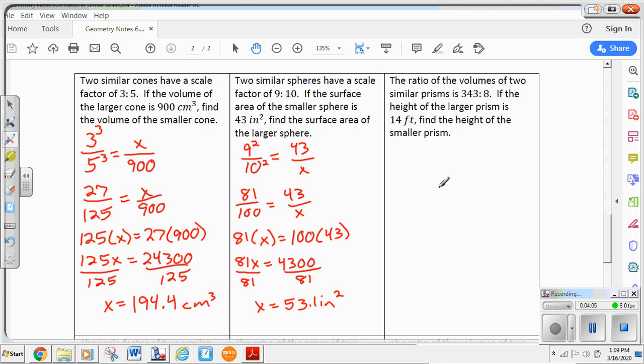The ratio of the volumes of two similar prisms is 343 to 8. If the height of the larger prism is 14 feet, find the height of the smaller prism. 343 over 8 is large over small, so the large height will be in the numerator. The small height will be in the denominator.